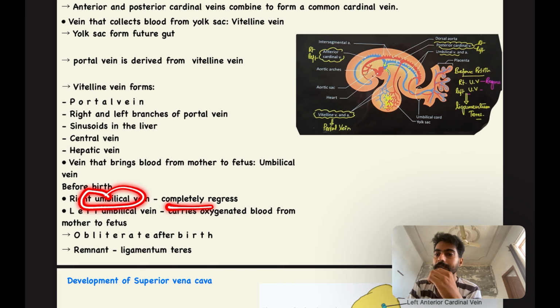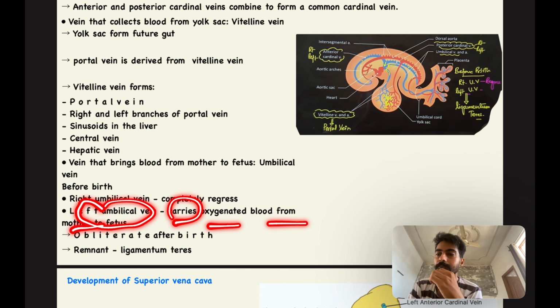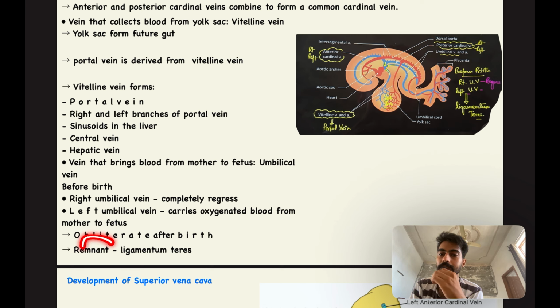The right umbilical vein will completely regress, and the left umbilical vein will carry oxygenated blood from mother to the fetus. After birth, the left umbilical vein will also obliterate, and the remnant will be called ligamentum teres, because after birth we cut the umbilical cord, so they are not needed.